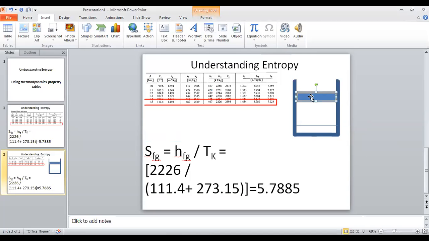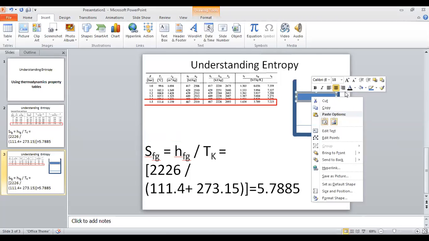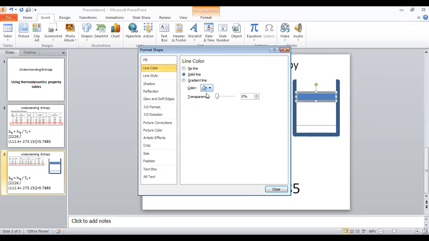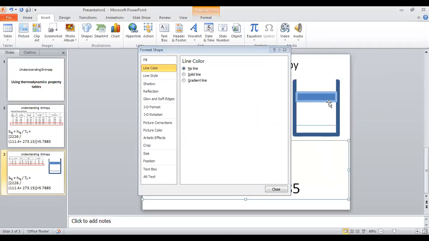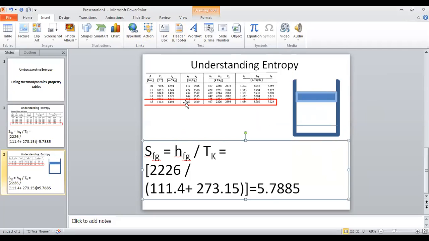The reason to have a moving piston is that you have to maintain the pressure at 1.5 bar.